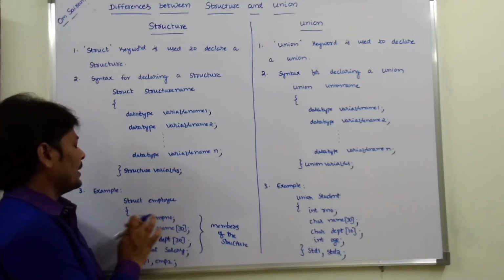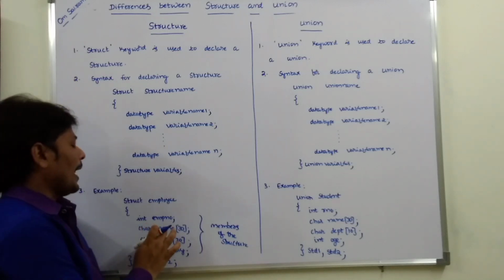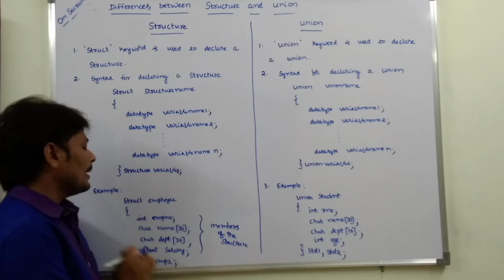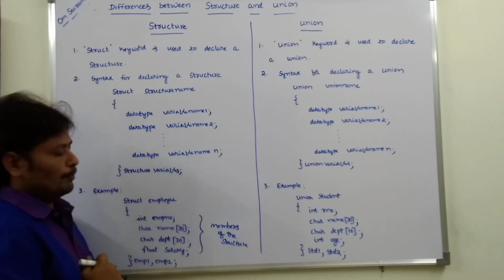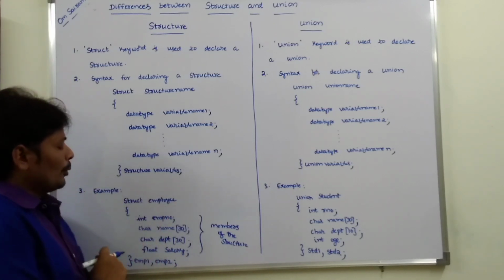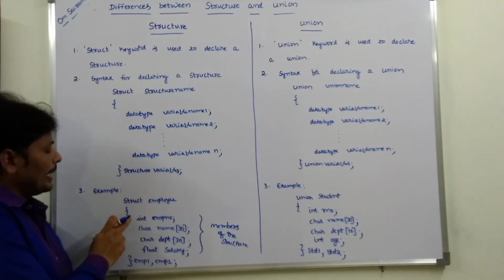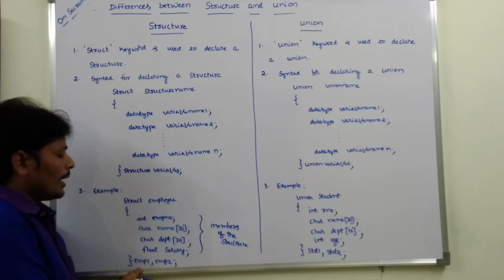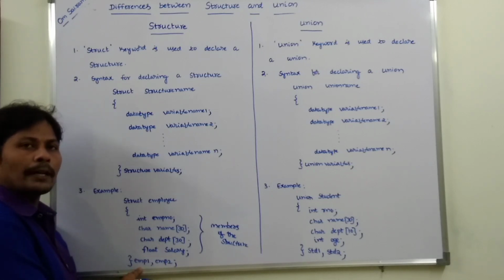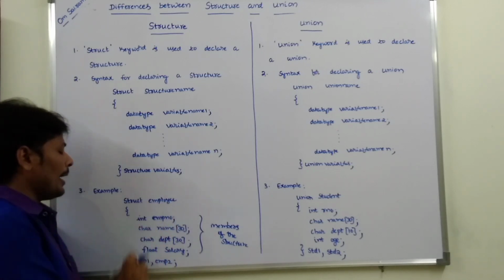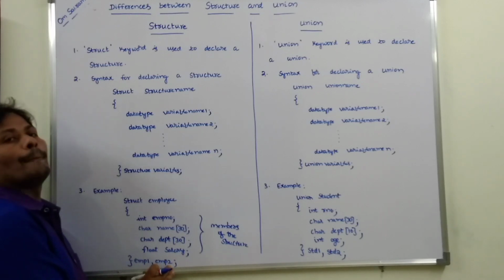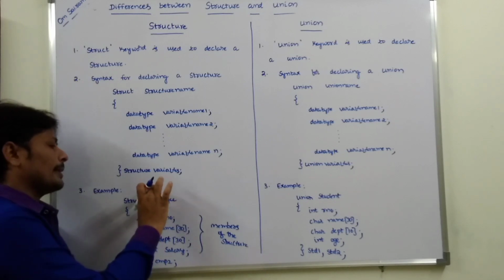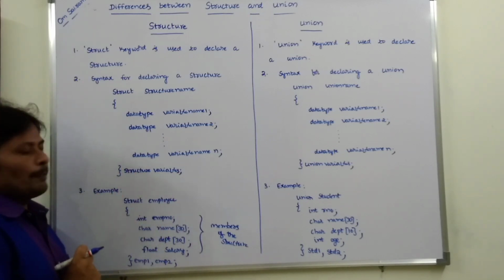Here the employee number data type is int. The name of the employee is char, department name is char, salary is float. So there are only 3 data types: int, char, float. Next, semicolon. Here we are declaring 2 variables for the structure employee, that is emp1 and emp2.